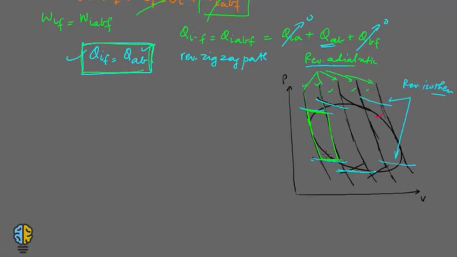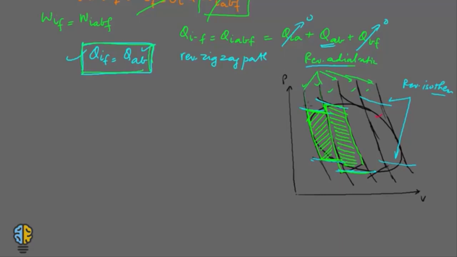So we have divided the original cycle into a number of small Carnot cycles. This is one Carnot cycle, this is the second Carnot cycle, and so on. So you have so many Carnot cycles which are replacing the original reversible cycle.